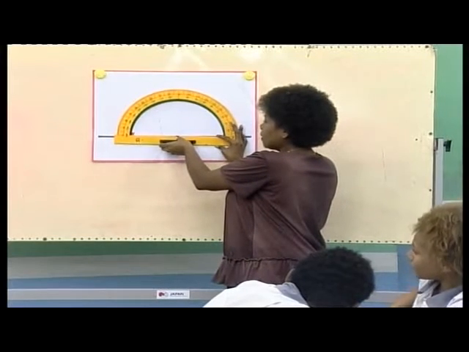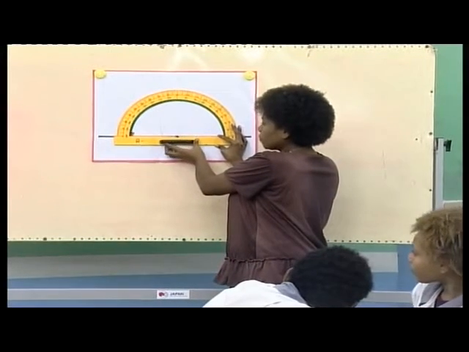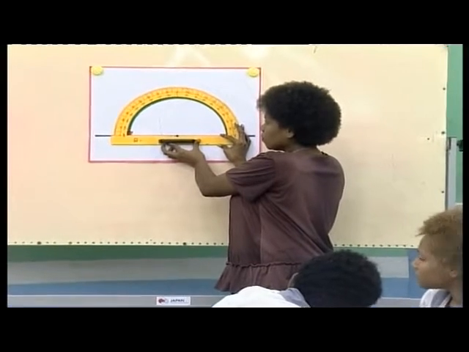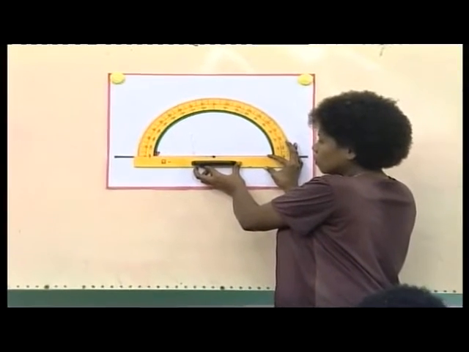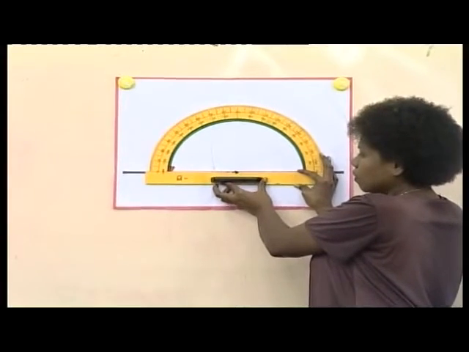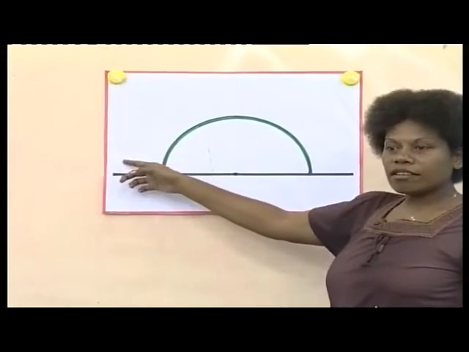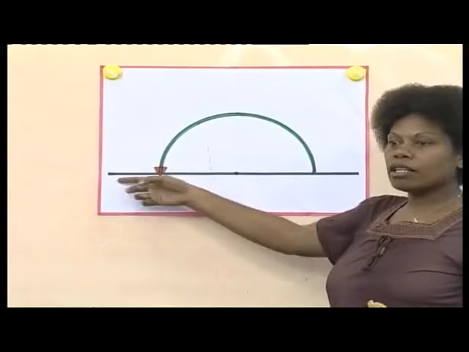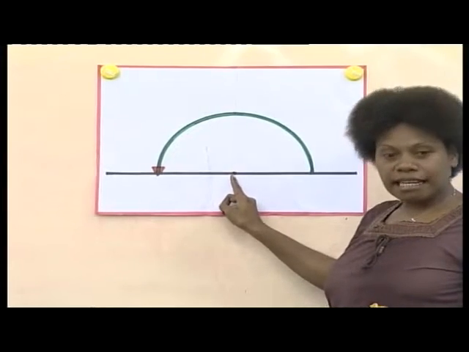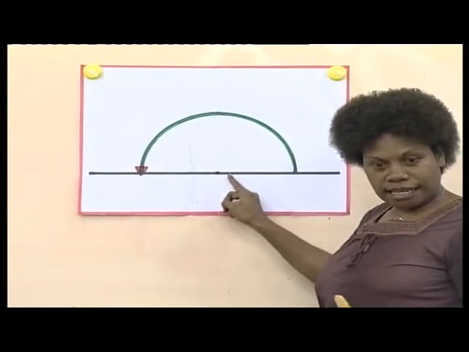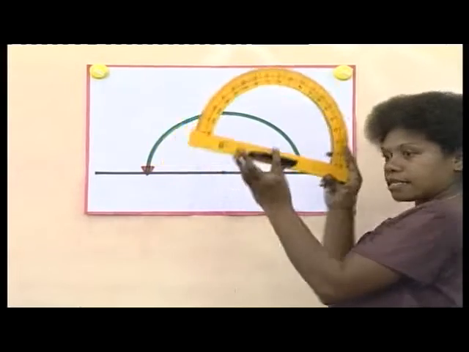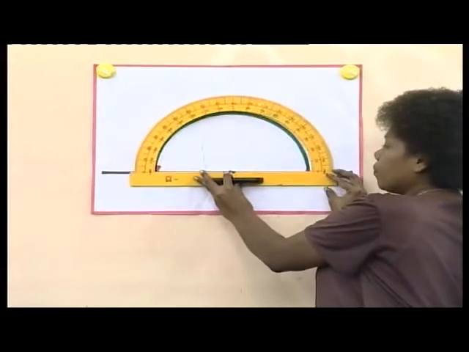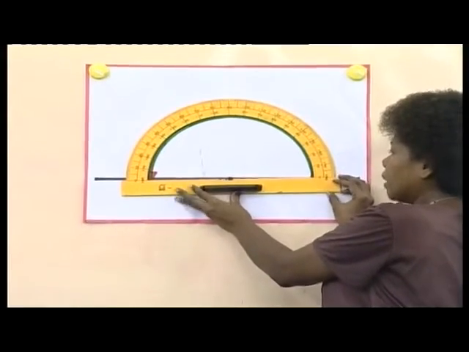So everyone look up here. Since it is a straight angle, we look for the center, and we place this center of the protractor in the middle. Okay?